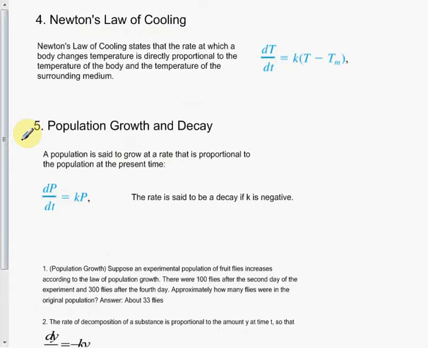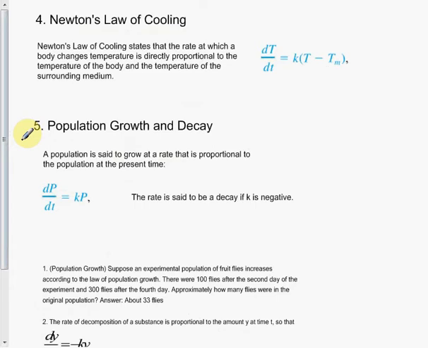When you talk about direct proportions, there has to be some kind of constant of proportionality. It's directly proportional to the difference of the temperature of the body, which is the object, capital T, minus the temperature of the surrounding medium, T sub m. And we want to be able to solve a differential equation of that form.